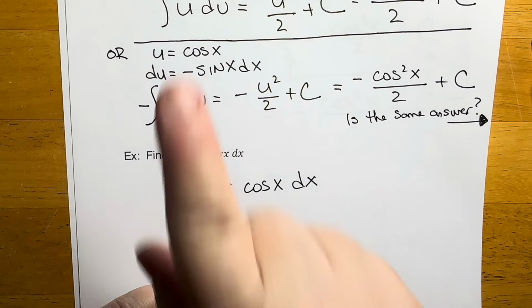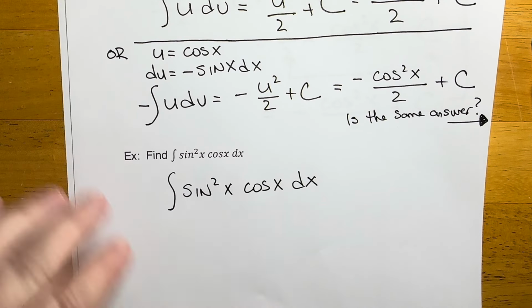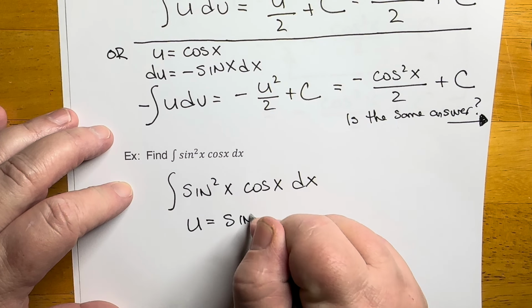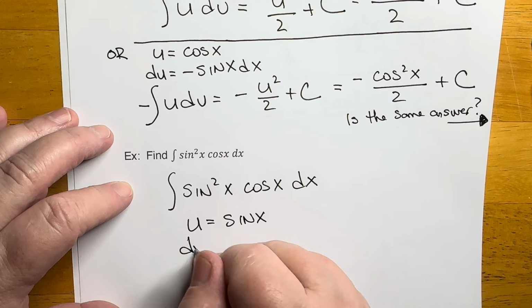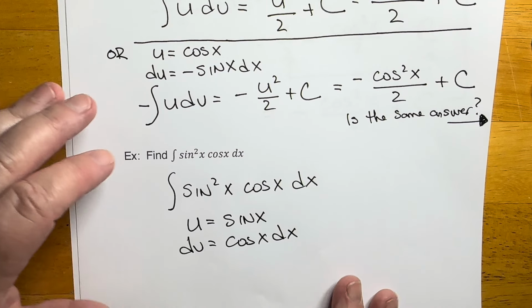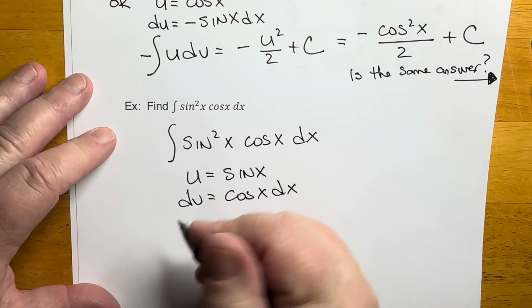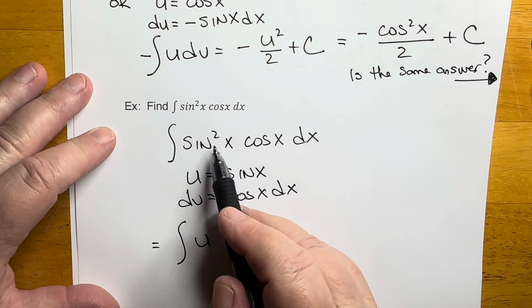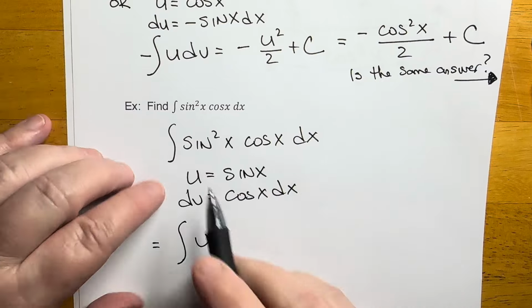But given that we just did this one previously, I'm going to say that I think setting u equal to sine x and then du is cosine x dx, I think this is going to be the more obvious path forward, because then you've got u squared right there.